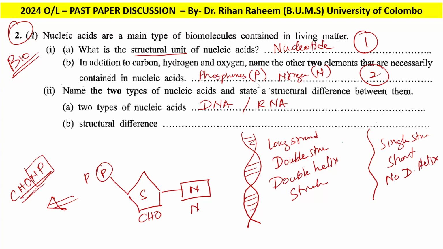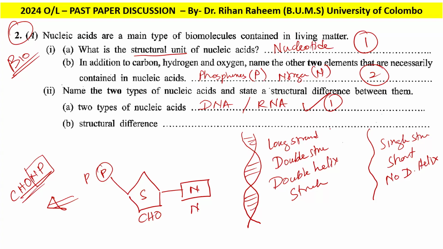Other than that, about the nitrogenous base, a difference is there. I think no one wrote about that, no? Adenine, guanine, thymine, that thing. So here you have to write the 2 types of nucleic acid, 1 mark for that, and a structural difference. When you see that, what is the difference? Any of these differences, it is present in DNA, it is not present in RNA.